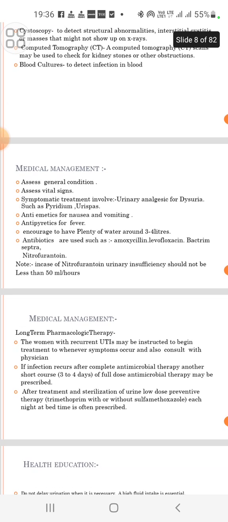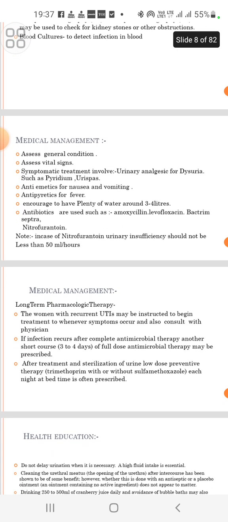After that, there are patients who have recurrent UTI. As soon as they have the symptoms of UTI, they should consult with the doctor and take the medications. If relapsing of the UTI is occurring, then we should give a short course of 3 to 4 days until the symptoms resolve.